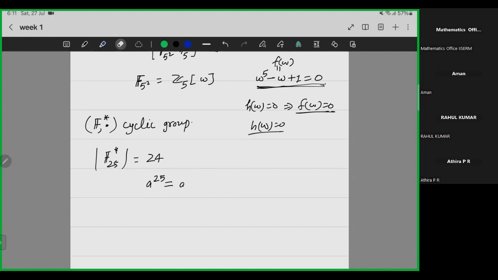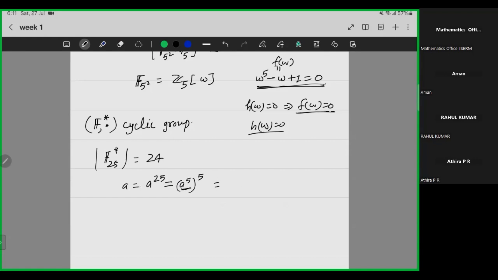This theorem, if you remember, something similar happens in the number theory course; I don't know what its name is. For any element, a power 25 can be written as a power 5, power 5.